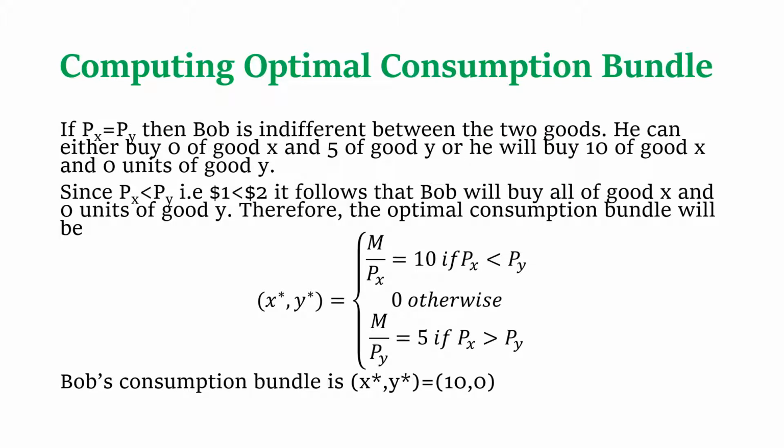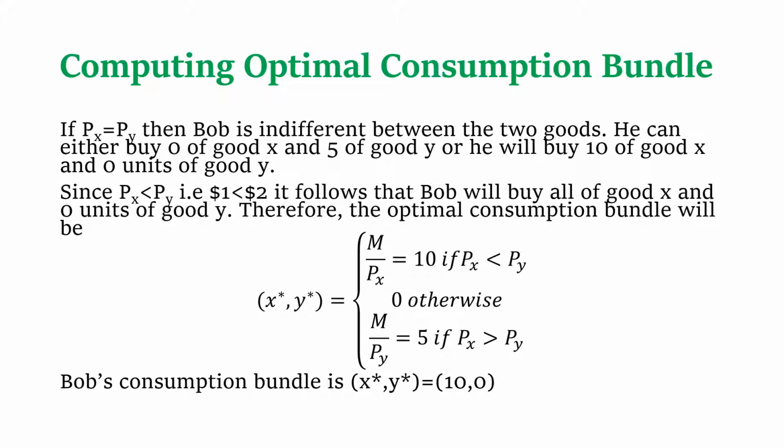If the price of good X is the same as the price of good Y, then the consumer is indifferent between the two goods. He can either buy 0 of good X and 5 of good Y, or he will buy 10 of good X and 0 units of good Y. Right?